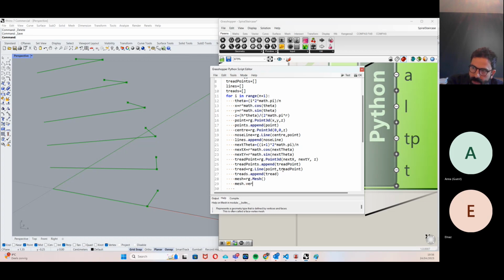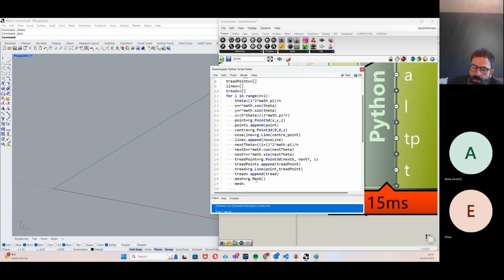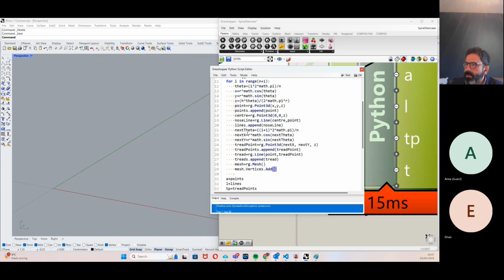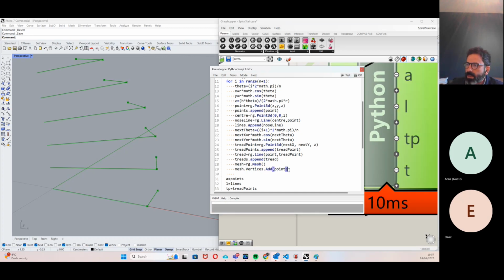Mesh dot vertices dot vertices. I remember this add vertex or add point. Let me see. Doesn't complain.